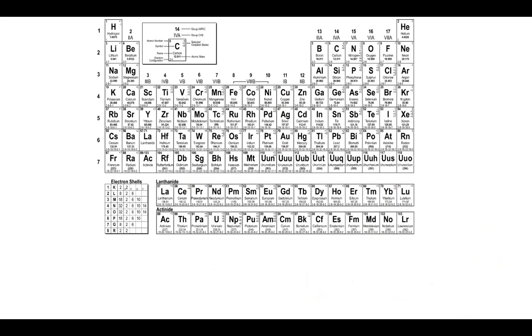So let me go ahead and pick iridium. Iridium, by the way, just as a side note, a little factoid about iridium. Iridium is the element which showed us why the meteor impact hypothesis is the currently running hypothesis for the extinction of the dinosaurs.